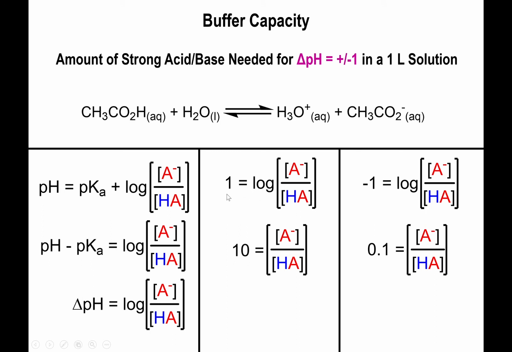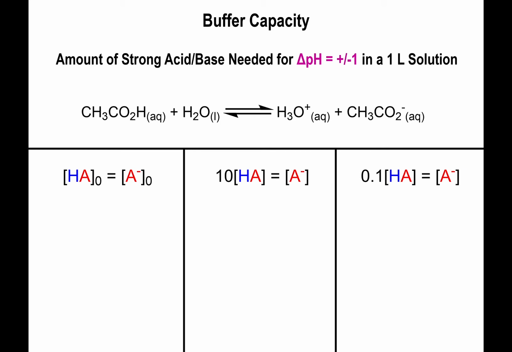Take the antilog, meaning raise 10 to the first power or raise 10 to the negative 1 power, and you'll end up with the following two expressions. 10 equals the ratio, or 0.1 equals the ratio, which in essence means that 10 times the concentration of acid is equal to the concentration of base in one instance, or in the other one, a tenth of the concentration of the acid equals the concentration of base.